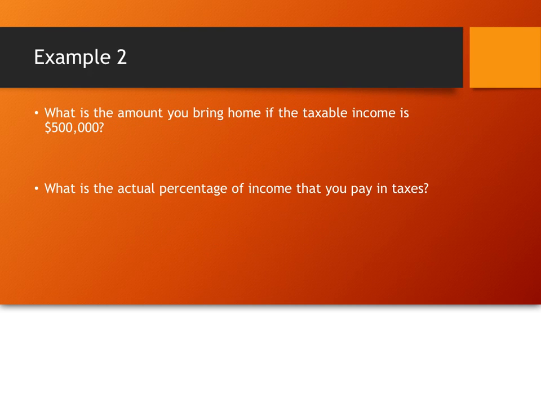All right, so we saw that roughly 155,000 dollars was our tax. Our tax was 155,045.75. So that means you would bring home roughly $344,954.25.